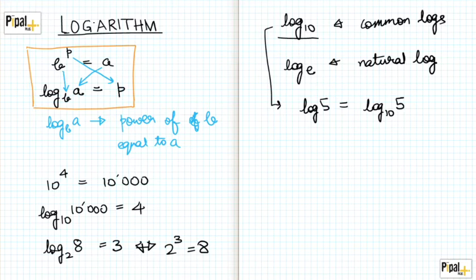If however somebody has to express log to the base e, the natural log, they can also write this in the form of ln. So ln 5 actually means log base e of 5. But most of the time we are going to be using log 5, which means log to the base 10 of 5.